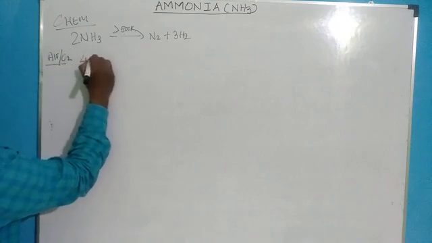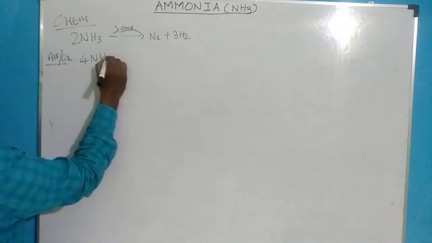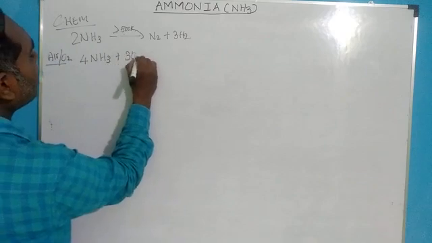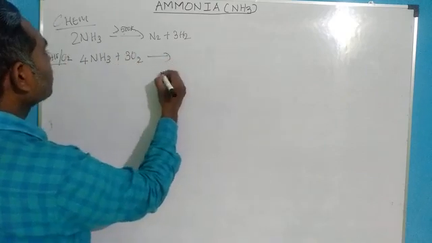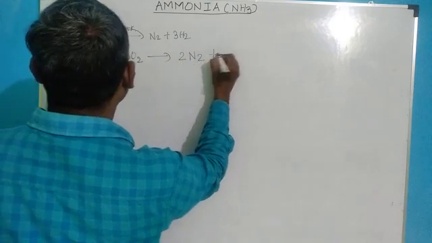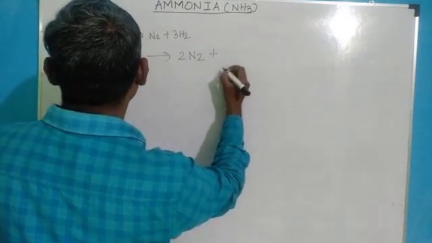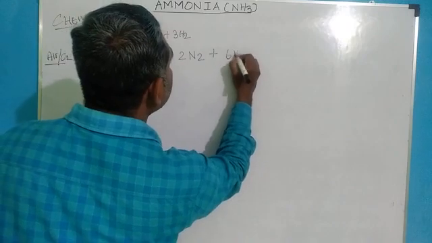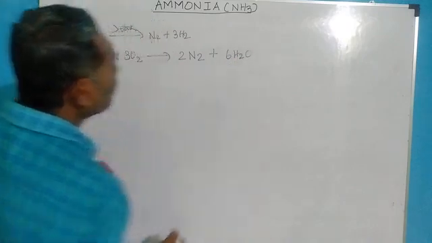Next, ammonia with air. Ammonia reacts with air and forms 2N2 plus 6H2O.